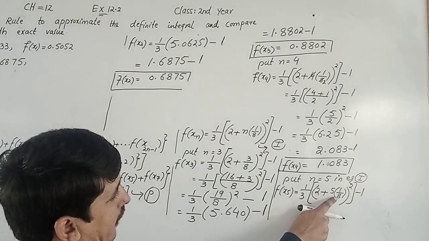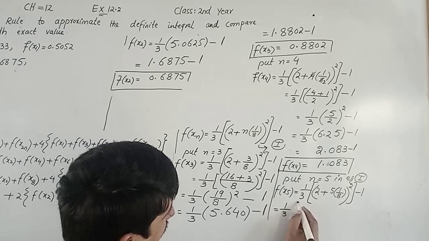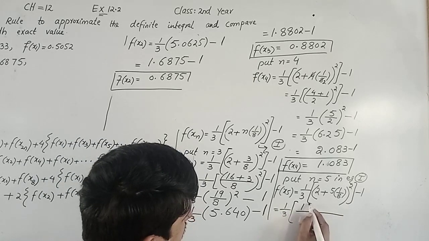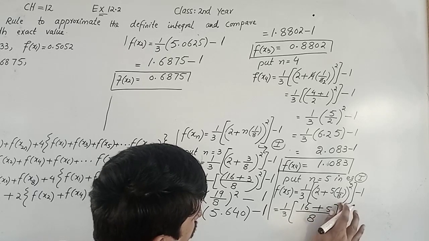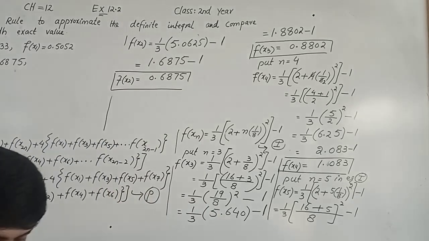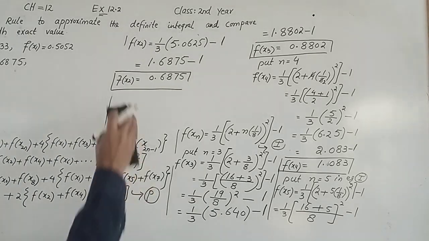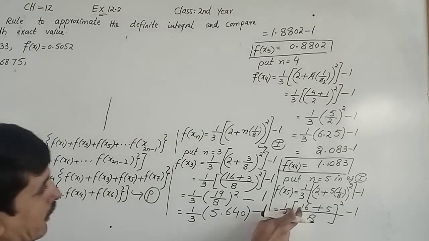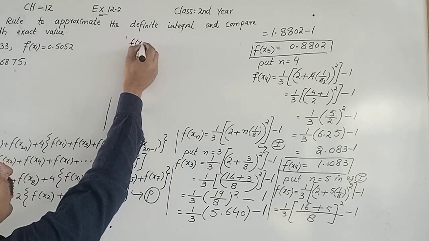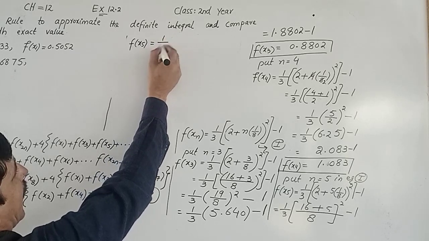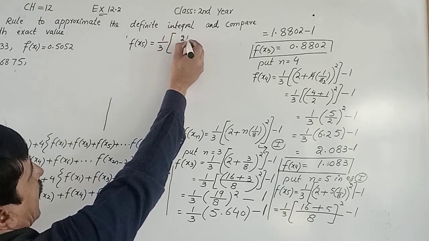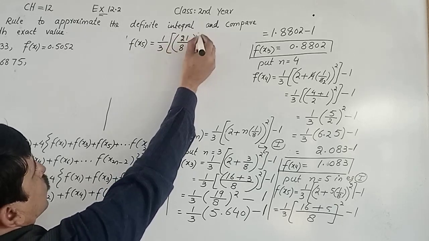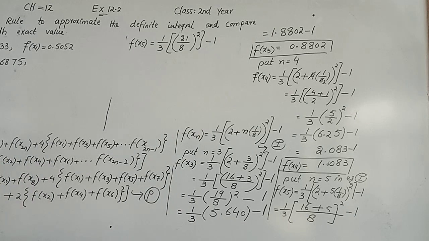Now take the LCM, which is 8, 2 into 8 is 16 plus 5 whole square minus 1. 16 plus 5 is 21, so f of x5 is 1 divided by 3, 21 divided by 8 whole square minus 1.